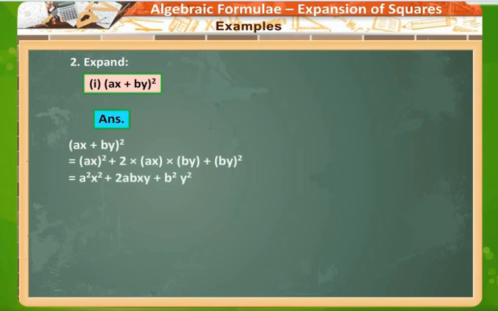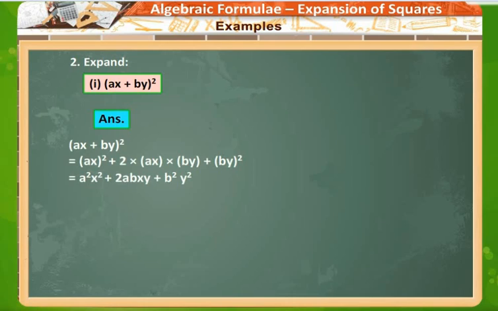Now we are going to learn how to expand a binomial. You can see ax plus by the whole square. We have to use the term the whole square. You can see now ax plus by is of the form a plus b the whole square. So what is the expansion of a plus b the whole square? A square plus 2ab plus b square.